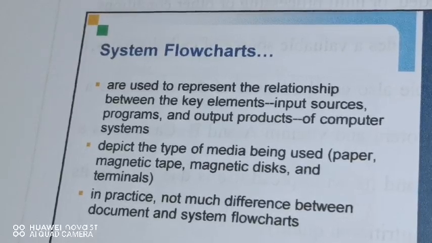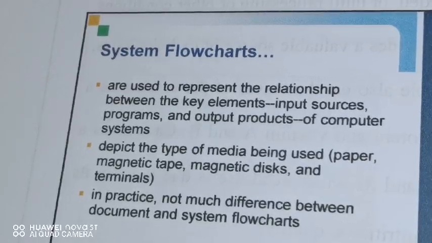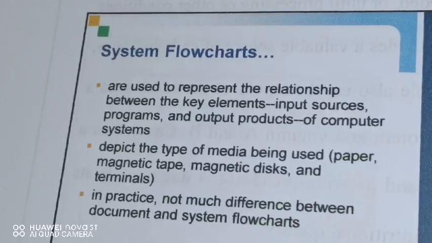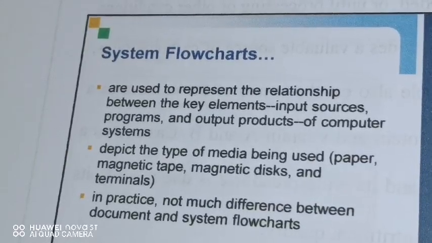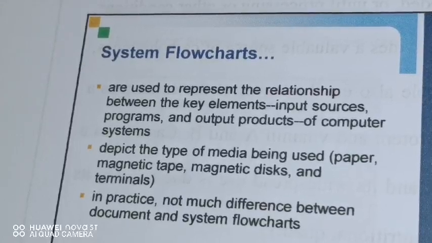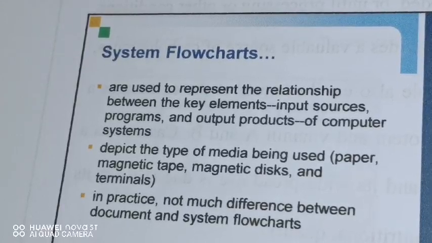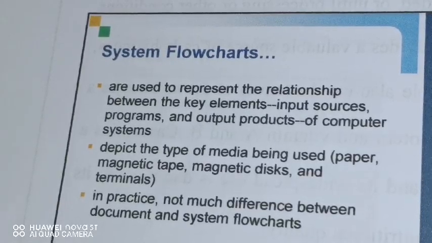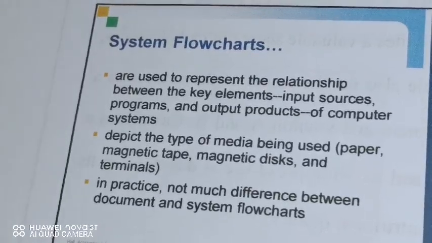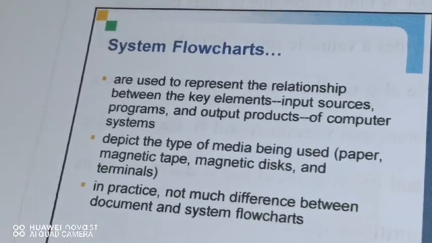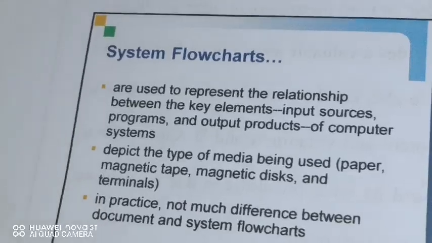So, gumagamit ba ng paper, magnetic tape, magnetic disc, or terminal. So, for now naman, itong mga magnetic tape and magnetic disc, hindi naman na siya masyadong ginagamit kasi iba na yung means of storage natin ng mga data. And then in practice, not much difference between document and system flow charts. Okay.